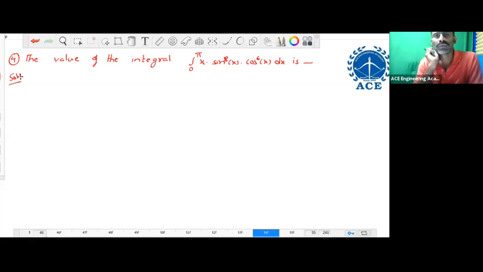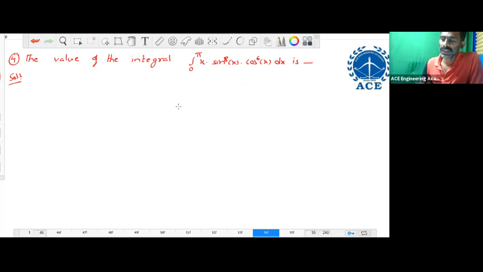The limits are not in the form of minus a to plus a, so we need not check whether the function is even or odd. And also, this whole function does not involve any modulus function or step function, and it is not becoming infinite, and there is no condition for x in this integral problem.